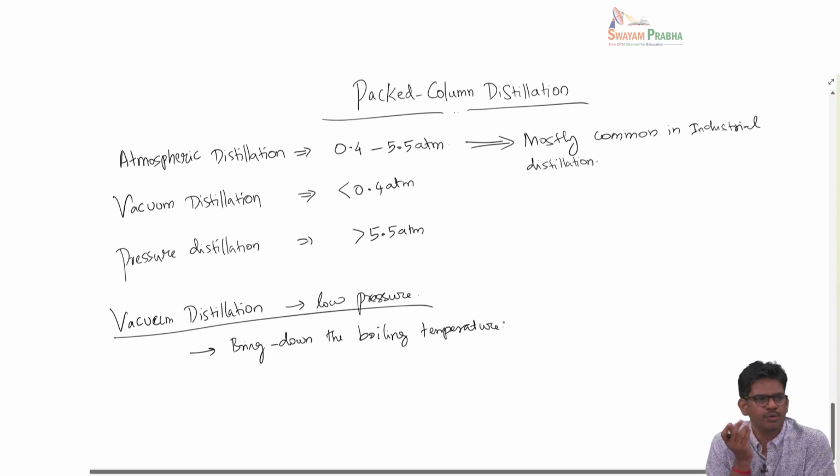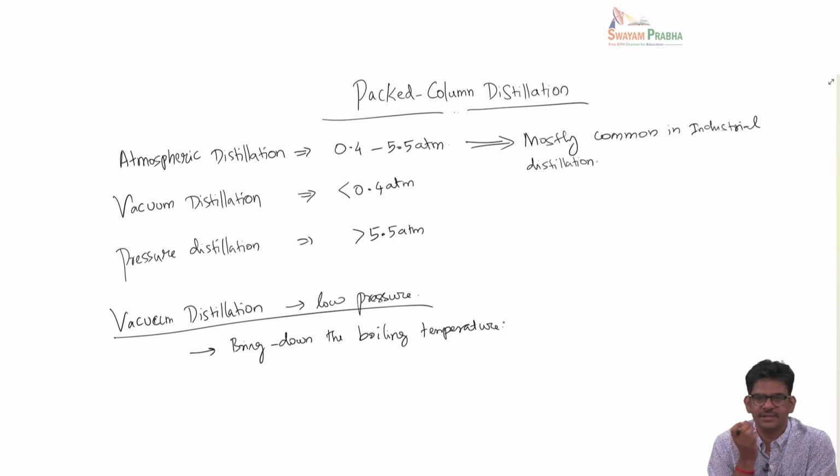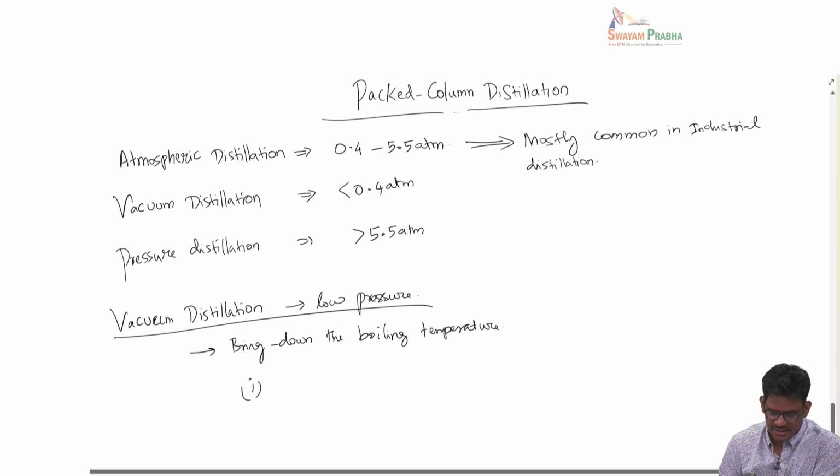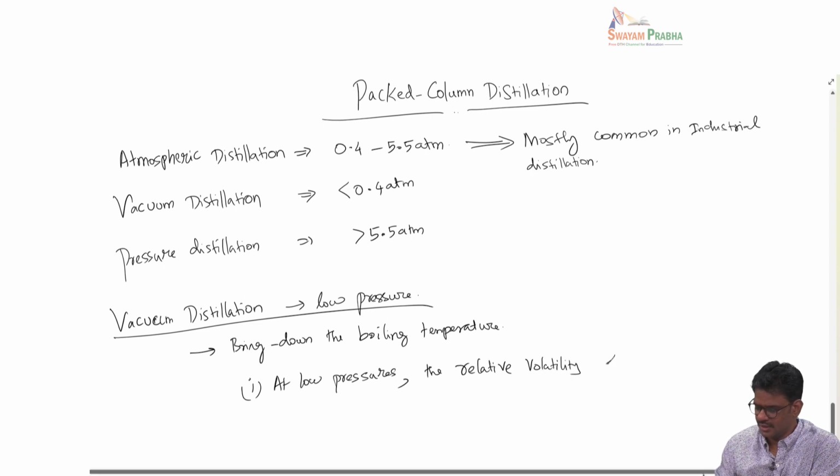So the next question is, why do we want to bring down the boiling temperature? What is the problem with atmospheric or normal boiling point based distillation? There are several reasons for this. At least three distinct advantages come from doing vacuum or low pressure distillation. One is that at low pressures, the relative volatility alpha increases.